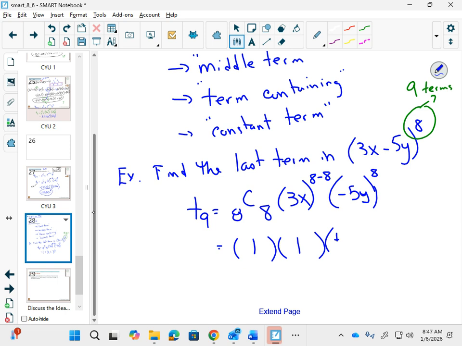That's a big number, 5 to the power 8: 390625.